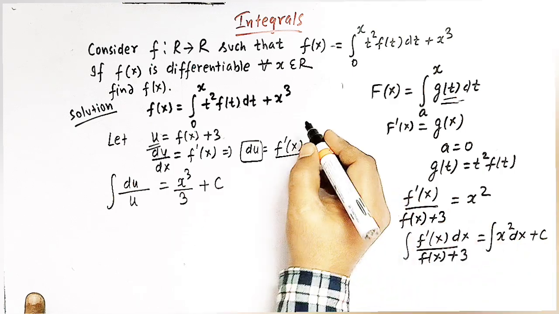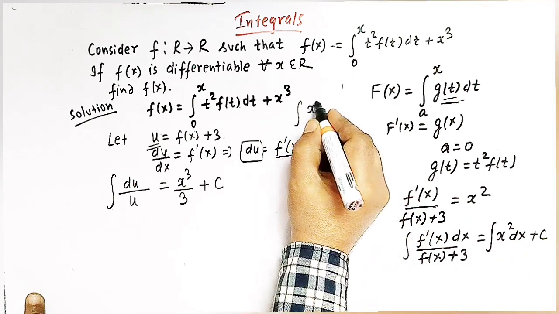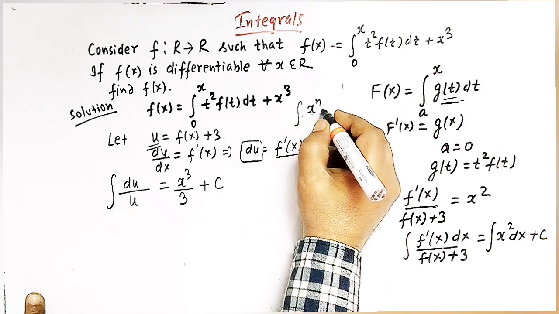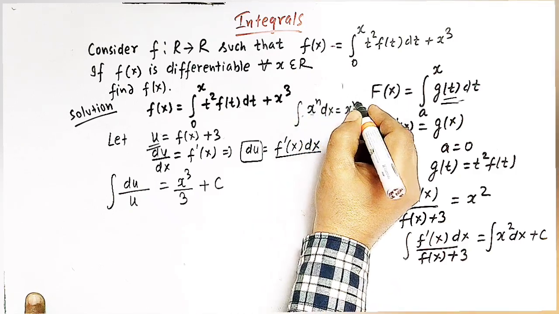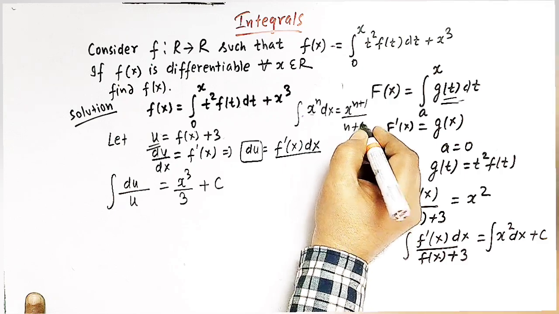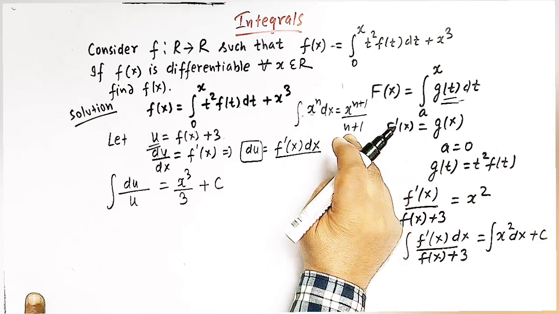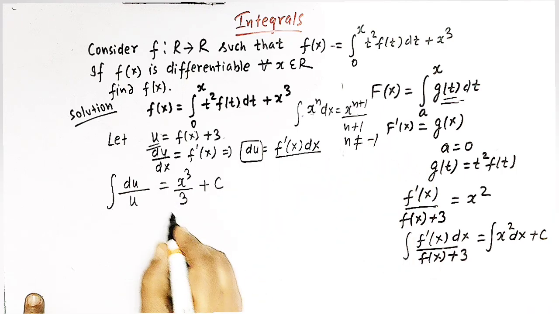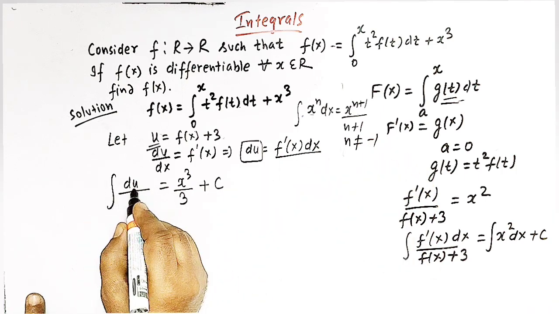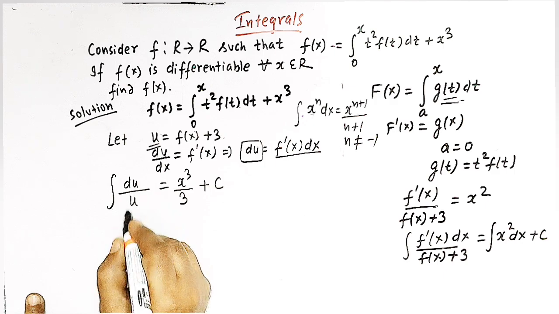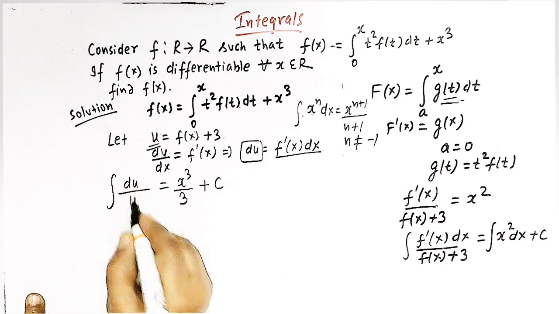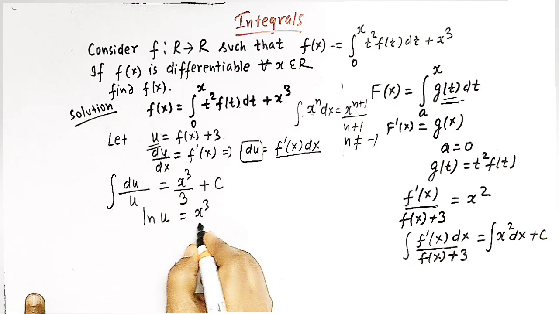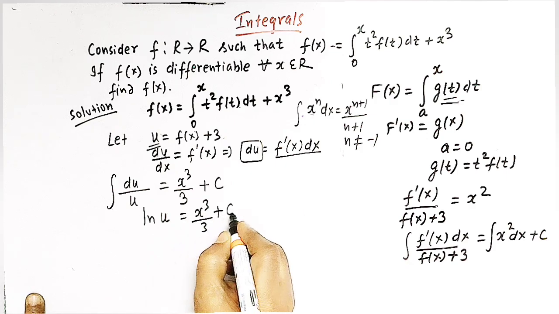Here we have applied the rule that the integral of x raised to n dx is equal to x raised to n plus 1 over n plus 1, provided n is not equal to minus 1. Now the integral of 1 over u with respect to u is the natural log of u, and we have x cubed over 3 plus c.